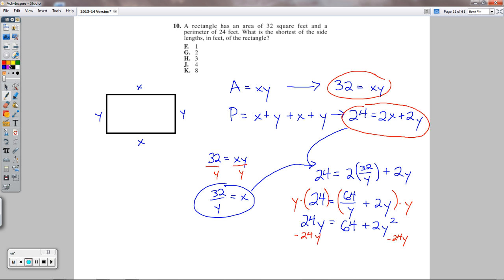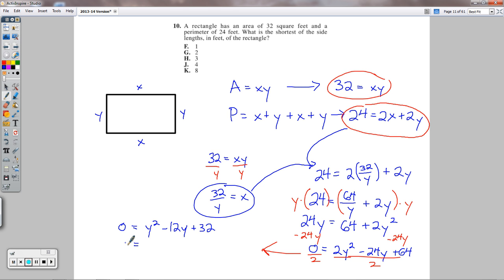That leaves me with 0 equals, and I'm going to write these in descending order of the powers of Y: 2Y squared minus 24Y plus 64. I can divide everything by 2 at this point, which should make things a little easier to deal with. I'd have 0 equals Y squared minus 12Y plus 32.